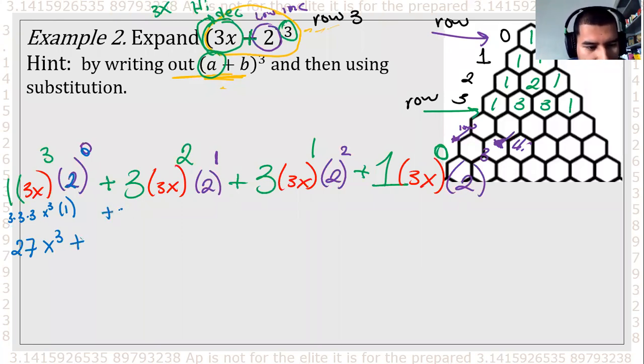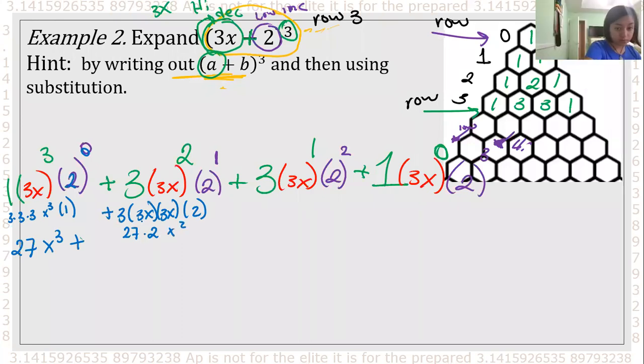This is 3 times 3x times 3x, right? Times 2. So I got 3 times 3 times 3, that's 27 times 2, x squared. 27 times 2, that gives me what? 54, someone? Yeah. 54? Yeah. That gives me 54 x squared.